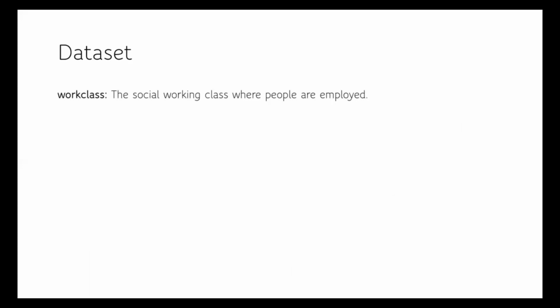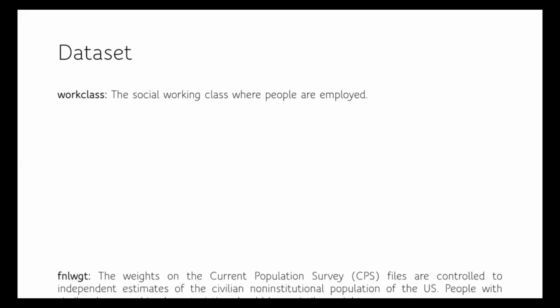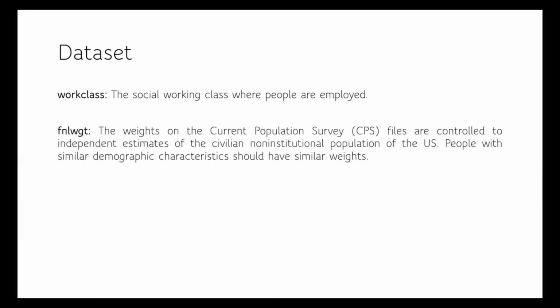This column tells the social working class where people are employed. FNL WGT. The weights on the current population survey are controlled to independent estimates of the civilian non-institutional population of the US. People with similar demographic characteristics should have similar weights.